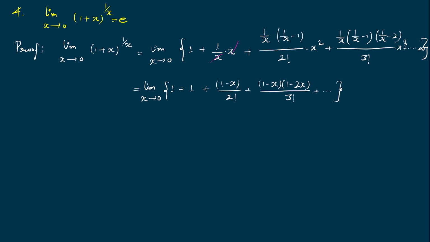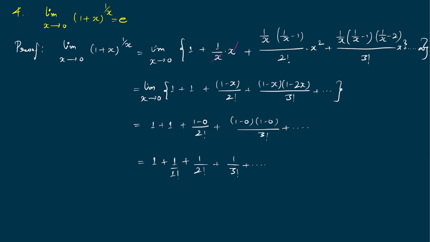Now we put the value of x as 0, and we get 1 plus 1 plus (1 minus 0) by 2 factorial plus (1 minus 0)(1 minus 0) by 3 factorial plus up to infinity. So it will be 1 plus 1 plus 1 by 2 factorial plus 1 by 3 factorial up to infinity, and here I can also write 1 by 1 factorial. This is the expansion of e to the power 1, and hence the theorem follows.